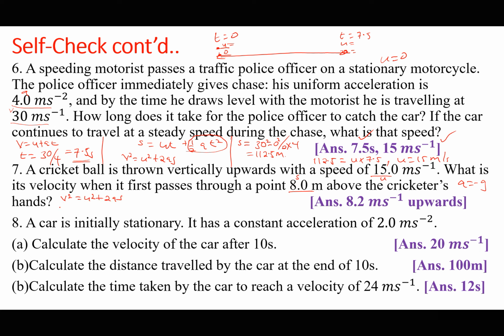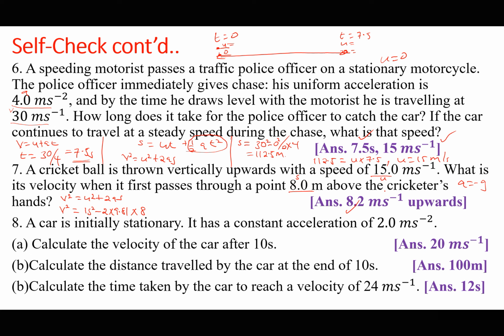So v squared is equal to u squared, which is 15 squared minus, because it's moving against gravity, 2 times 9.81. Then I multiply this by s, which is 8. So 15 squared minus 2 times 9.81 times 8. Then I find the square root. So this answer is correct. Of course, the motion is upwards.